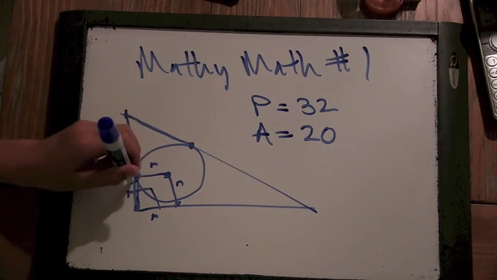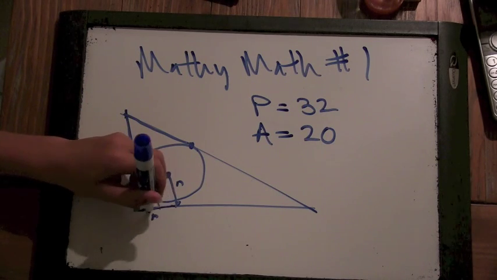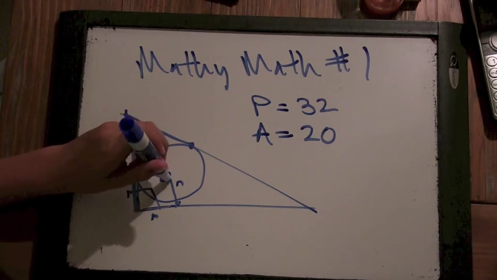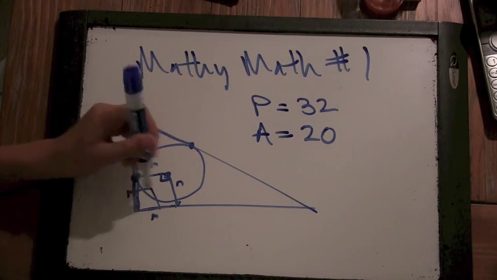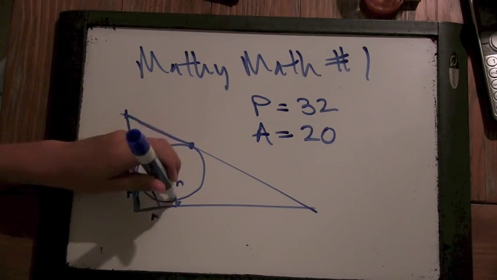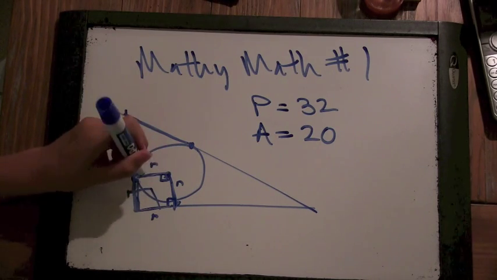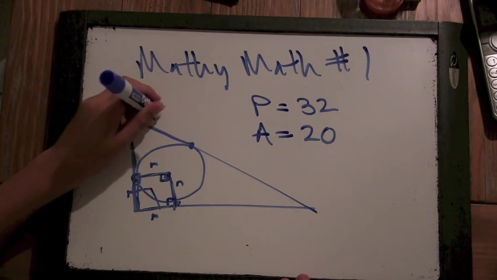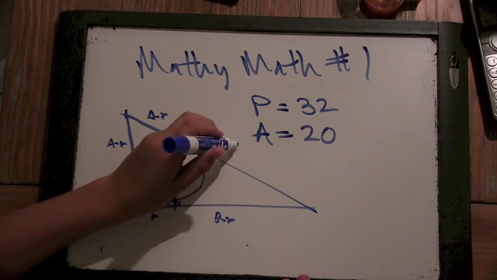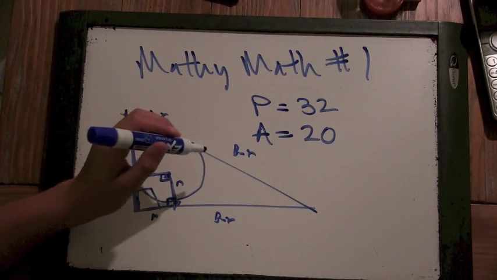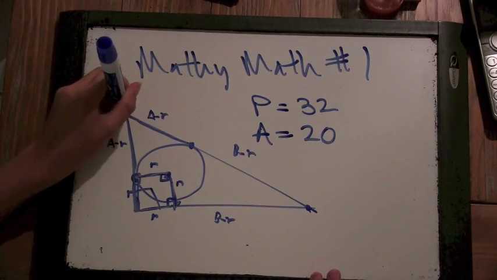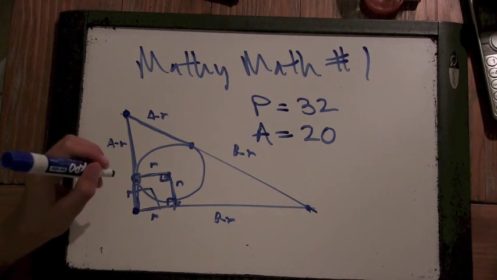Because it's a right triangle, the incircle goes off at a right angle here, so this side is R and this side is R, and it makes a square. So this is A minus R, B minus R. One very important observation with the incircle is that the tangents that come from the vertices of the triangle are the same length.